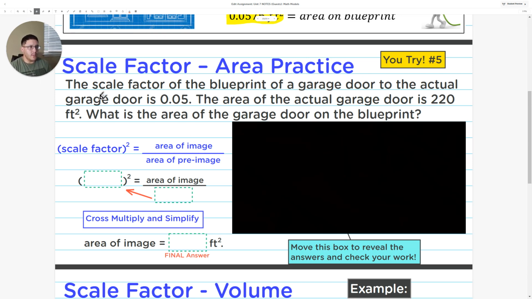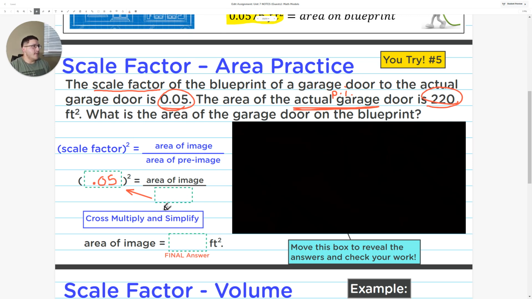Okay, so what are we given? We're given the scale factor is 0.05. We know the area of the actual garage door is 220. So this is the pre-image. We want to know the area of the garage door on the blueprint. So we're decreasing its size from the actual size of the garage door to a smaller version of it on the blueprint. 0.05 is that scale factor.